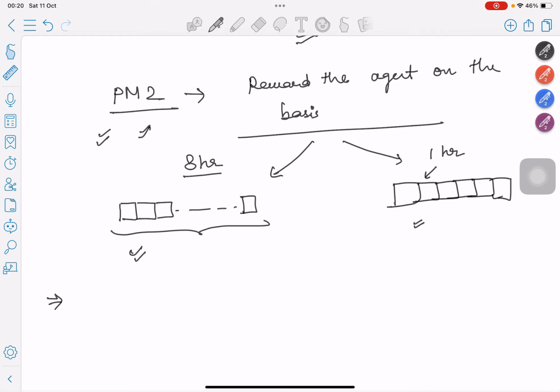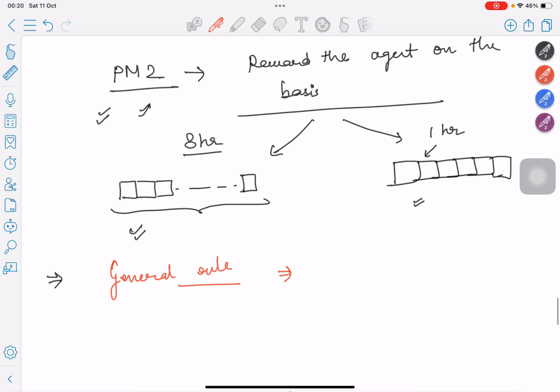And I think as a general rule, it is better to design the performance measure according to what one actually wants to be achieved in the environment, rather than according to how one thinks the agent should behave. So what does it mean?